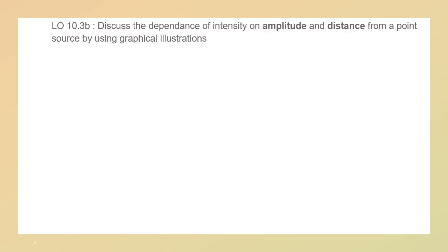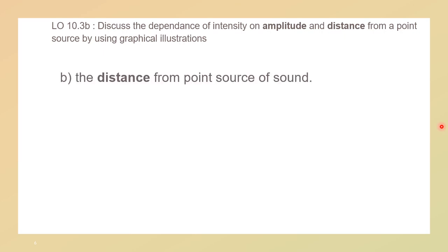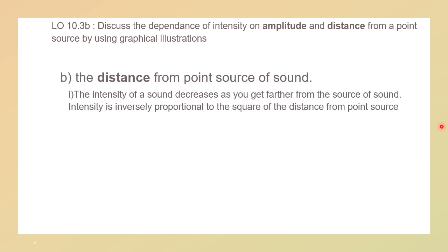Seterusnya kita nak tengok dependence of intensity on distance. The intensity from a point source of sound decreases as you get farther from the source of sound.